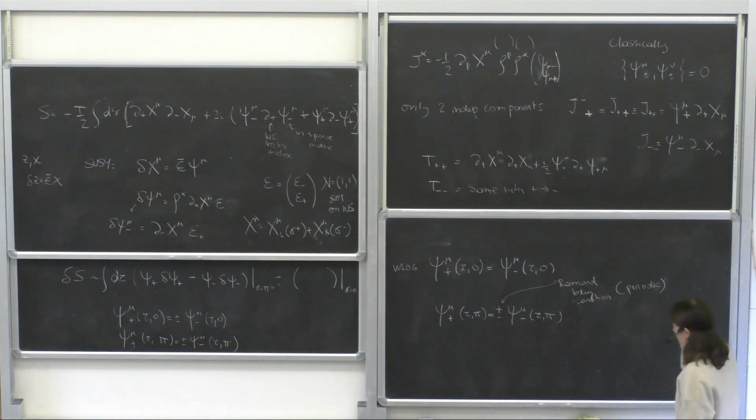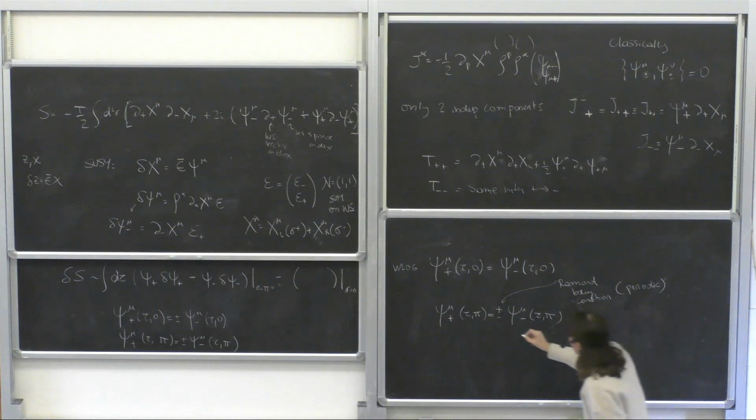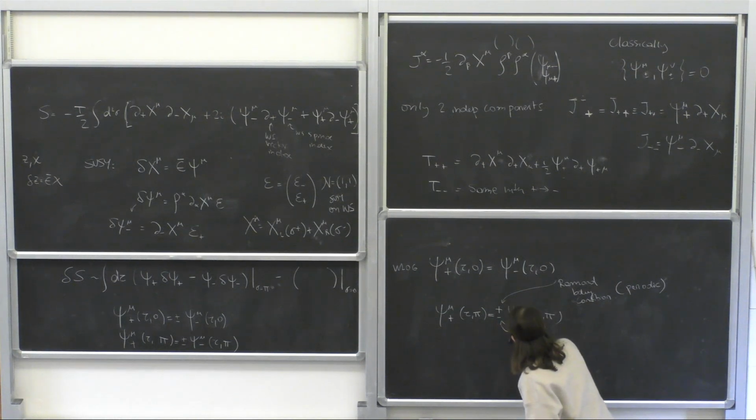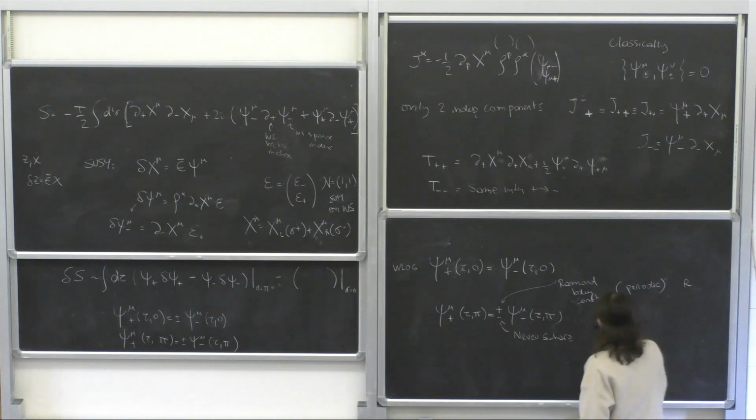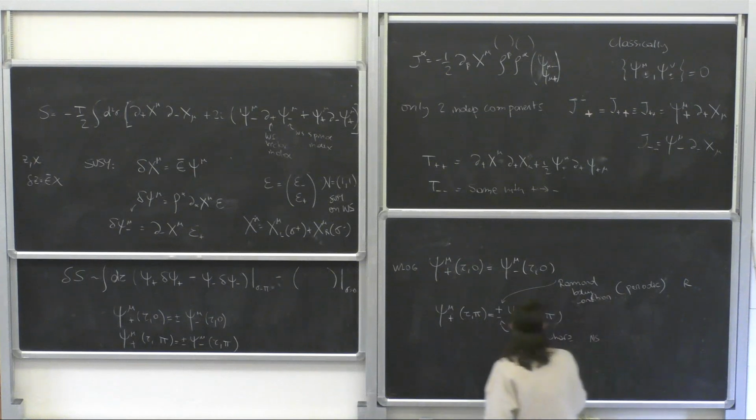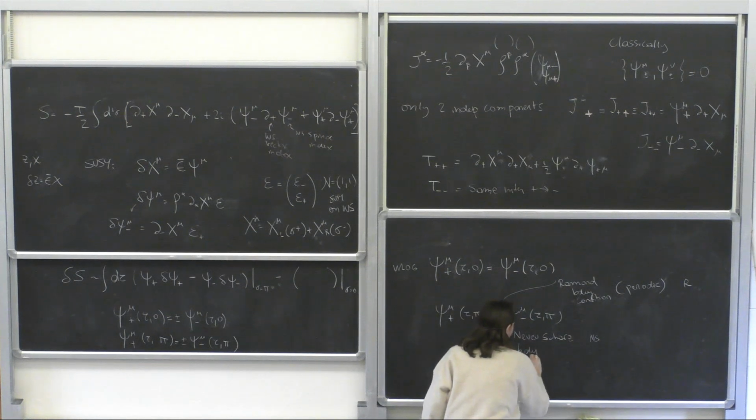And the minus sign is the Neveu-Schwarz boundary condition. So this is R for short, and this is the NS boundary condition, and it's anti-periodic.